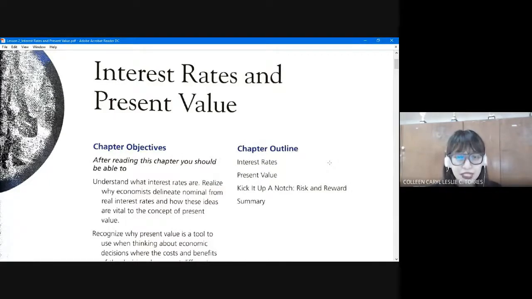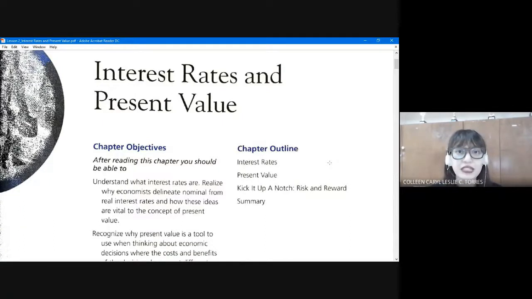The assessment will be identification and then an essay. The essay will revolve around you discussing the business cycle, for example, just for us to know if you understood the concepts of economics.